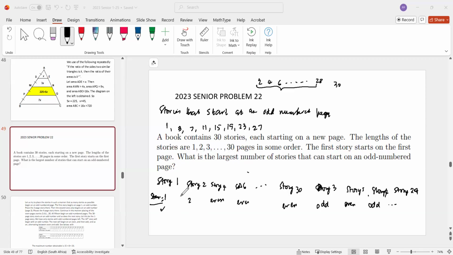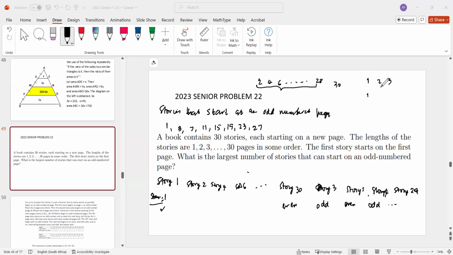Okay. So if I put story 2, oh yes. So what I can do is I can start with 1, but I must add 2 pages to this, to get an odd page. But I'll have to put an even number of stories here. Page 1 has got a 1-page story.